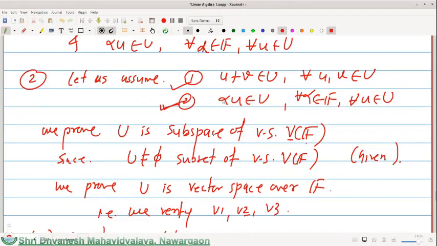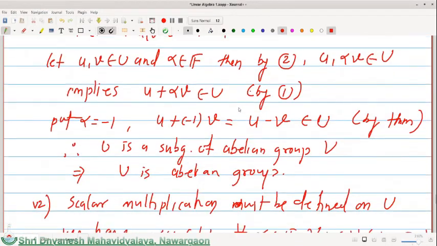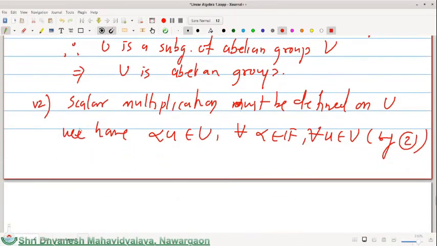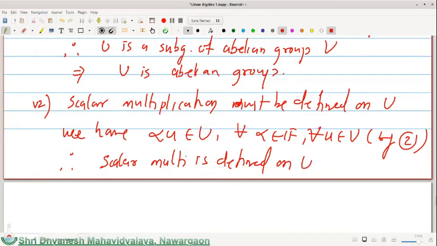This is what the scalar multiplication is. Okay, so therefore scalar multiplication is defined on U. So V2 is verified.